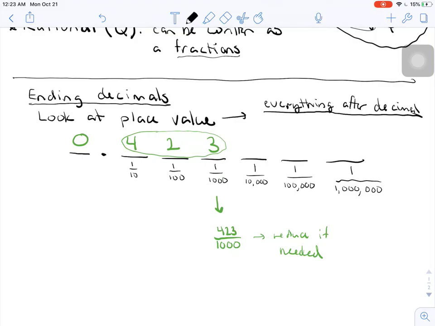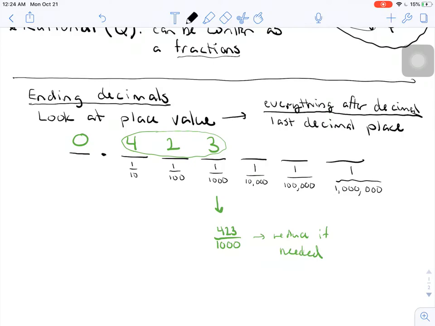So in this problem, we went out to the thousandths place, so we used 1,000 as our denominator. And again, that gets to change into a fraction.